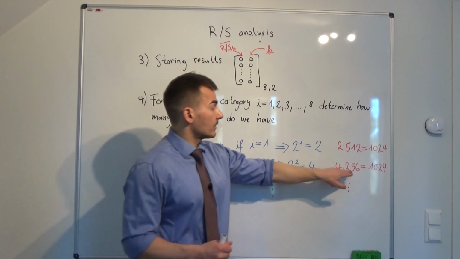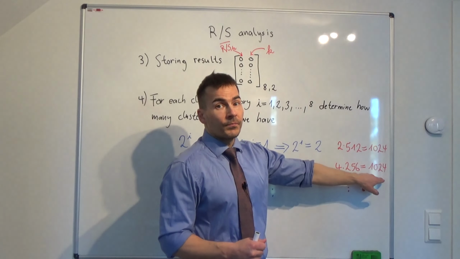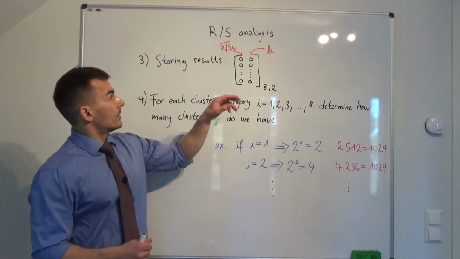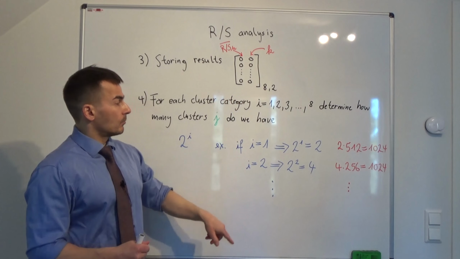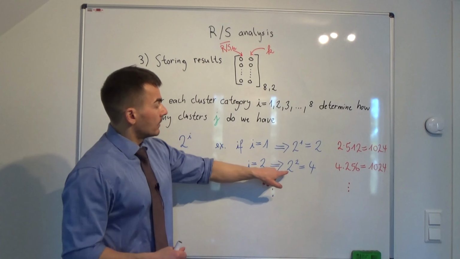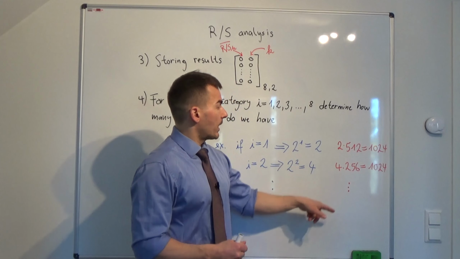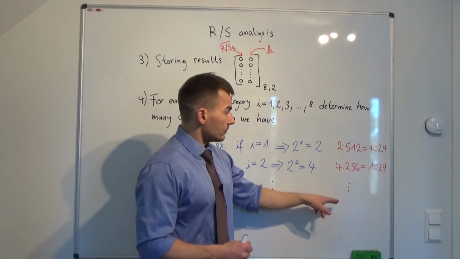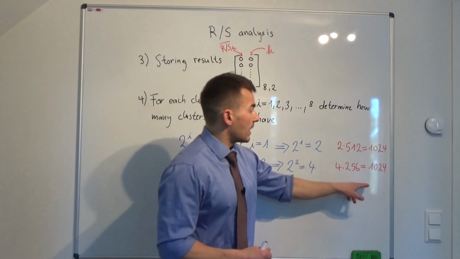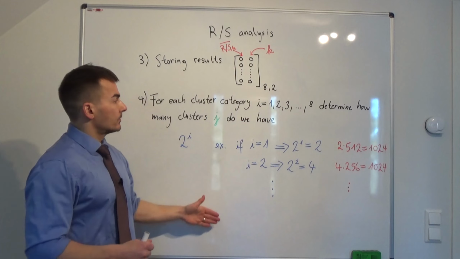And 4 times the cluster size K, which is 256, is again 1024. And in the same manner, if I is 8, we take 2 to the power of 8 and multiply this with 4, and we end up with 1024. So this is how we have to think about it.